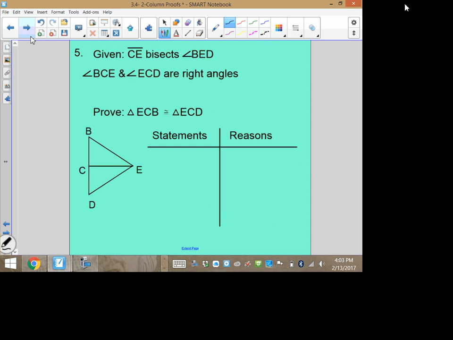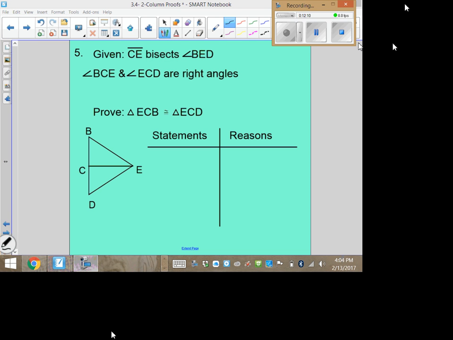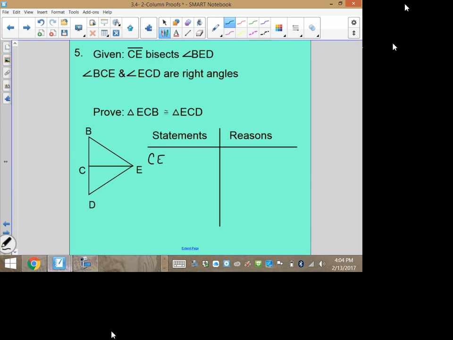Another one, we have given that segment CE, so I'm given that CE bisects angle BED. That's given. And so if we have CE bisecting this angle, what do we know about these two angles?